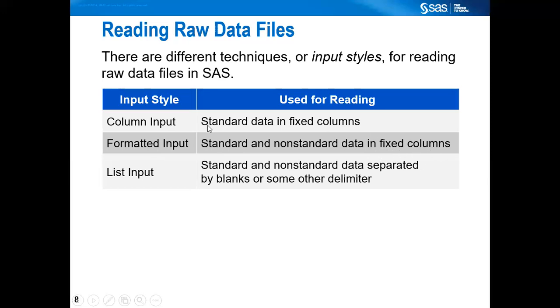And when you have fixed columns with only standard data, we use an input style termed the column input method. So these are various ways of the input statement giving instructions to SAS. Depending on the data, you'll be writing your input statement. So what it is and how to give instructions, we'll see step by step.